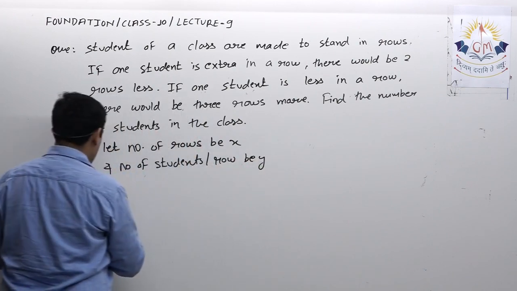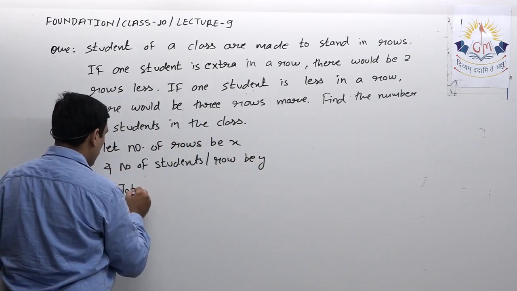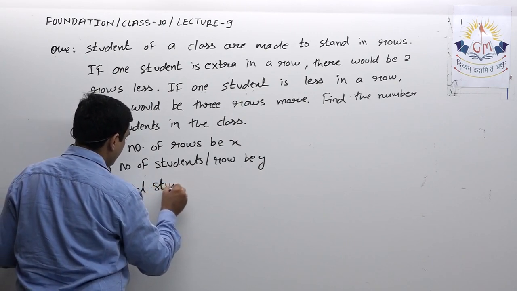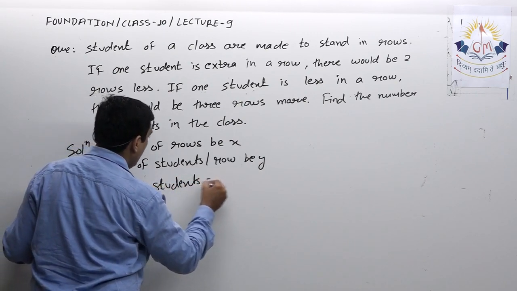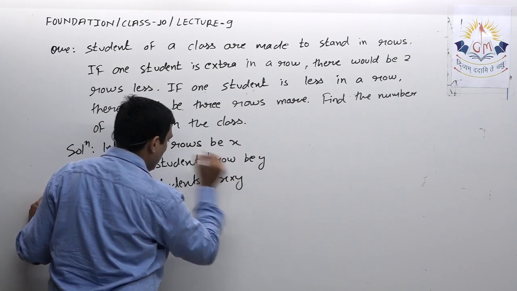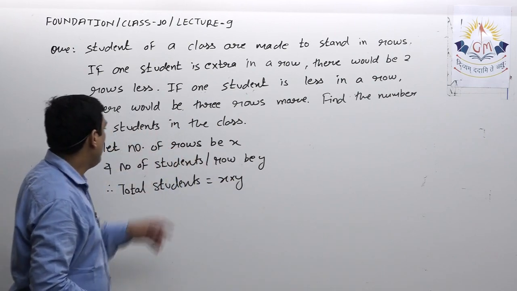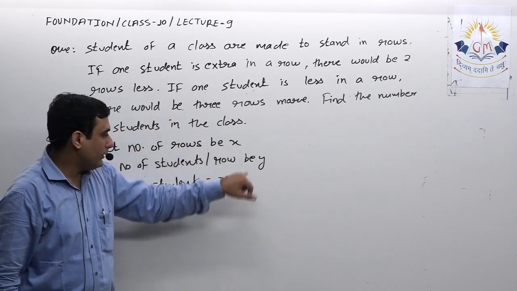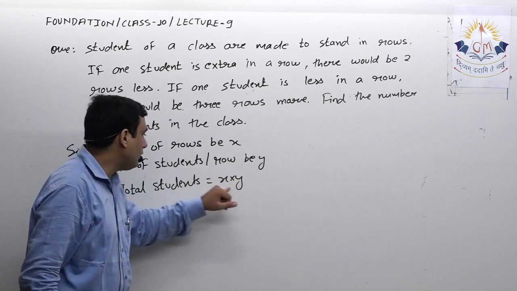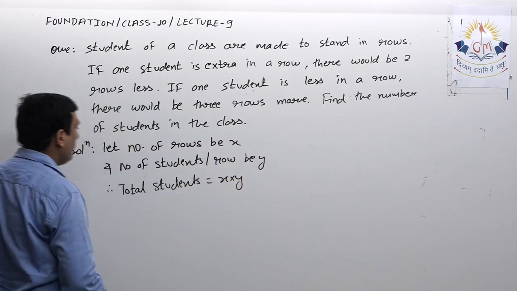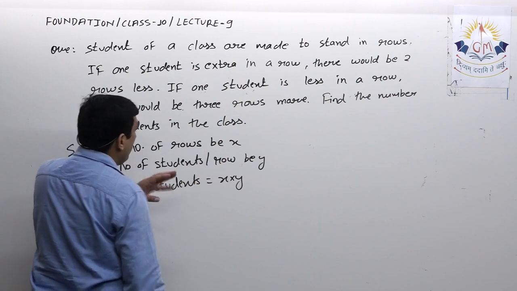Therefore total students will be equal to x multiplied by y. We assume there are x rows and in each row there are y students, so the total number of students is xy. Now we'll read the question.